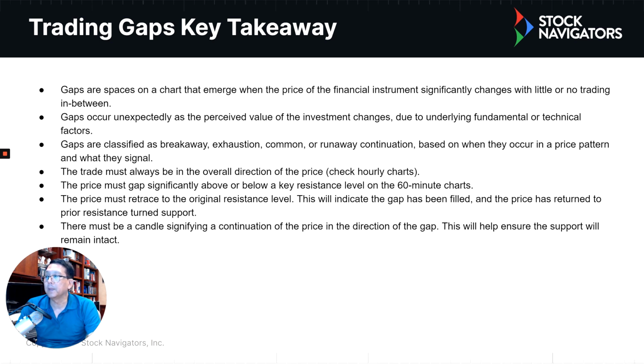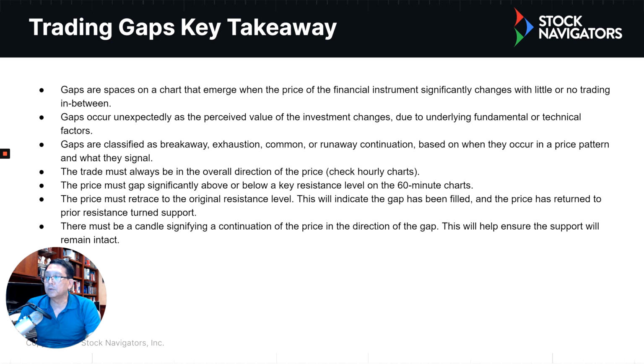The trade must always be in the overall trend direction of the price. So usually you can move to the hour chart, and you can see that the price must gap significantly above or below the key resistance level on the 60-minute chart. Then you can narrow down and see where they gap up or fill the gap.